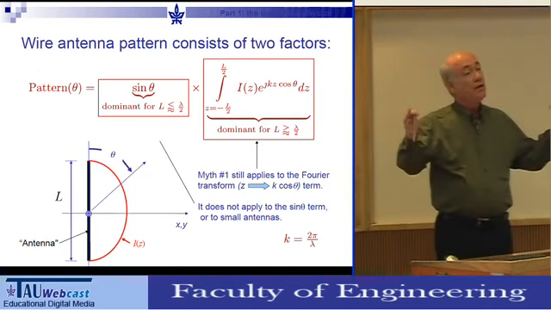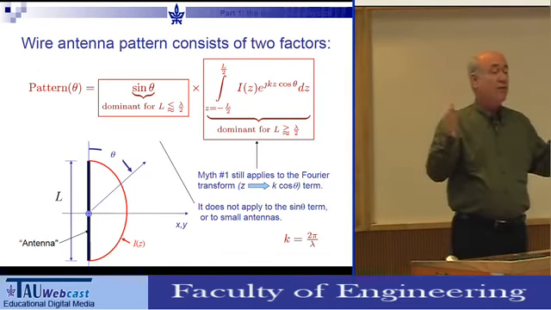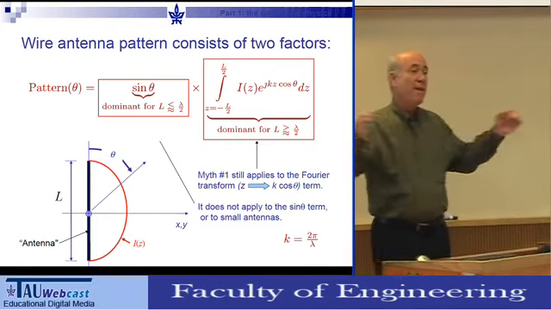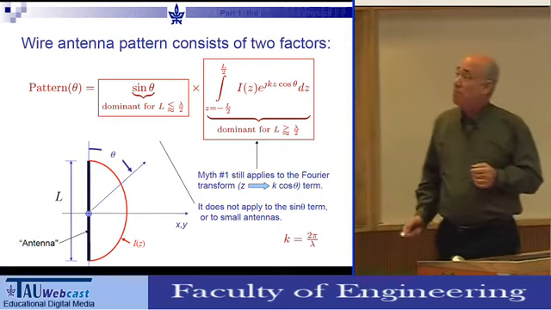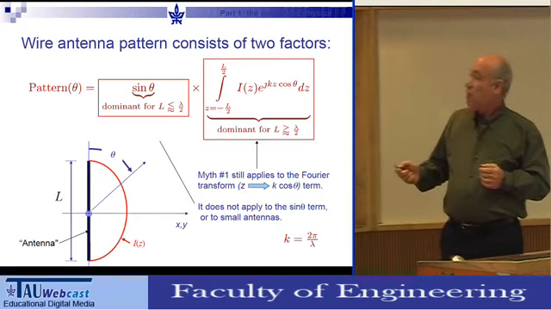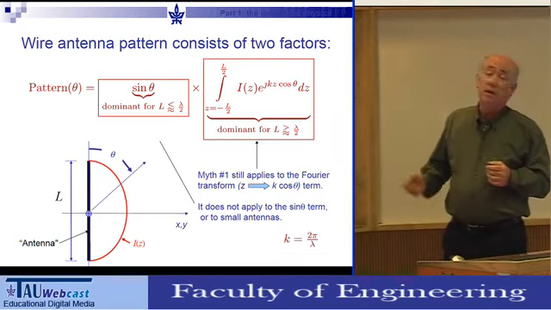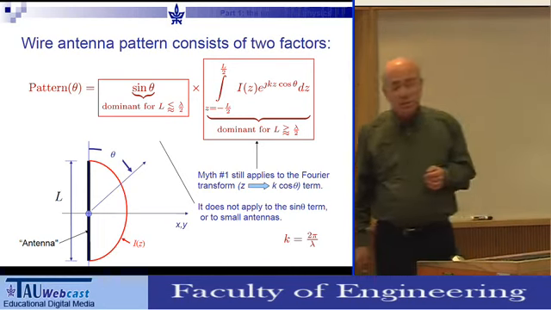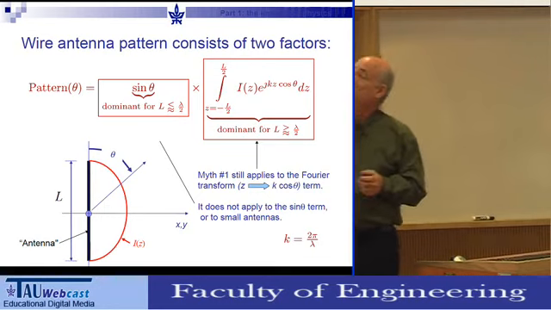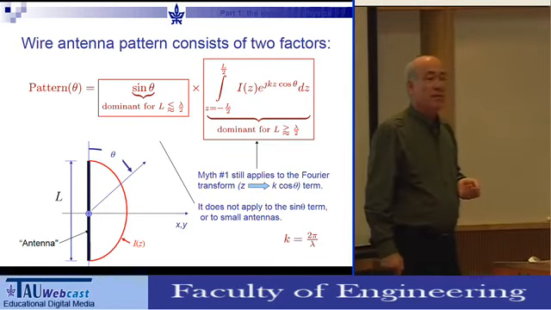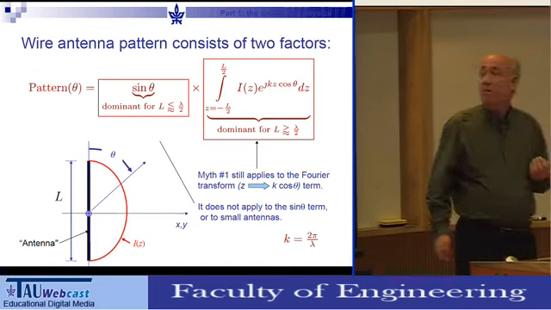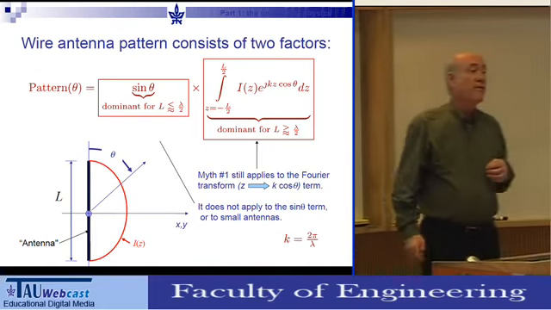And we can shape and change both beam width, directivity, these parameters of the antenna simply by modifying the length. But if we go to very small dimensions of the antenna, this is the factor that begins to dominate. In which case, it doesn't depend at all on the size of the antenna. And that's the point. When the antenna becomes small, nothing much changes in terms of the far field.